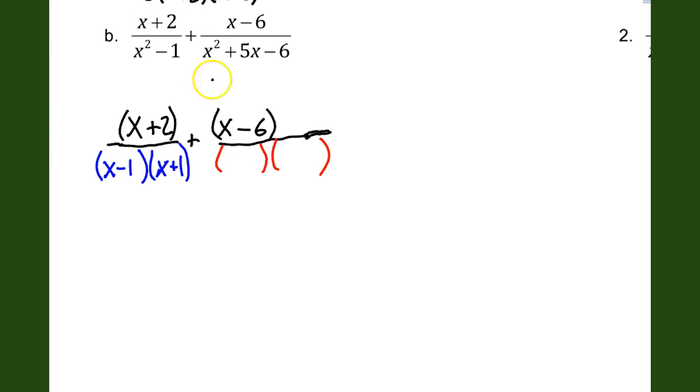And on the right hand side, what do we get? 6 minus 1 is 5. 6 times negative 1 is negative 6.